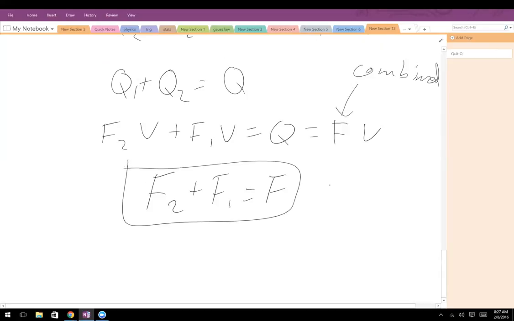So this is for capacitors in parallel. If you hook up capacitors together in parallel, their capacitances add together.